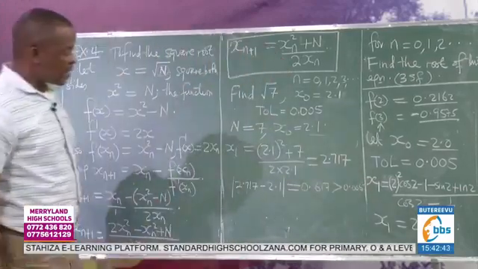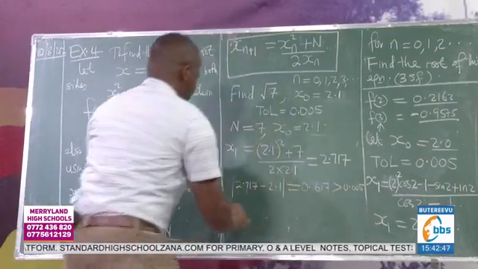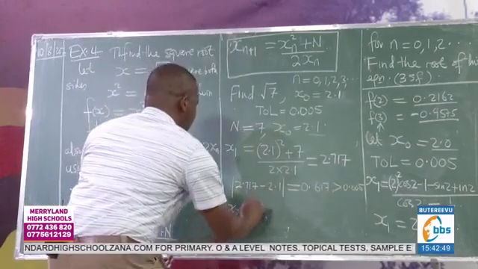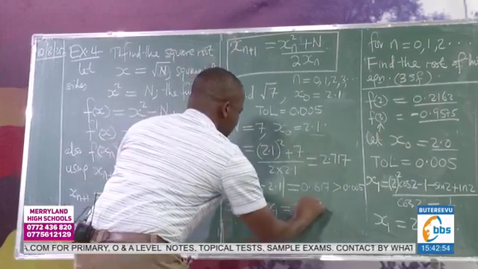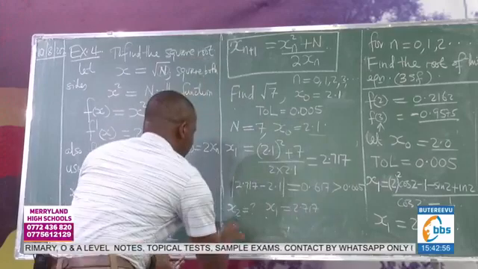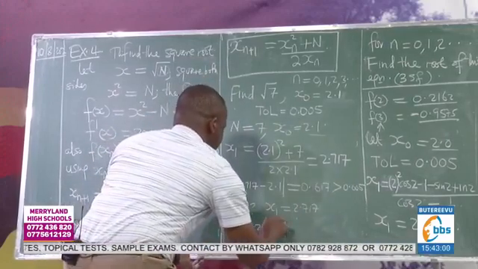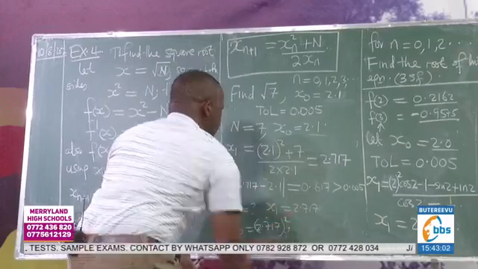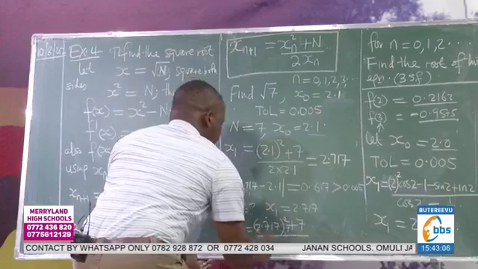That means we take on the next iteration to look for x2. Our x1 is now 2.717. We repeat. Our x2 becomes 2.717. It's a pattern. Once you've mastered it, it is an easy-to-do number.